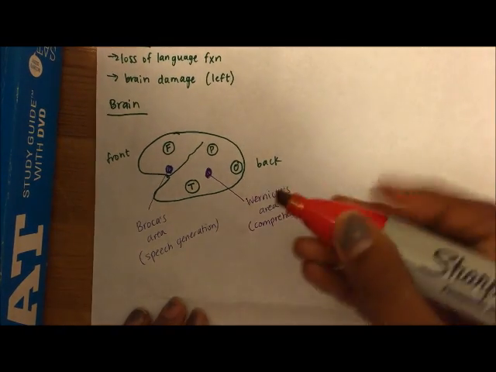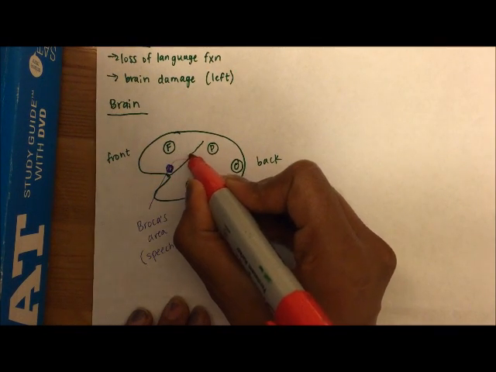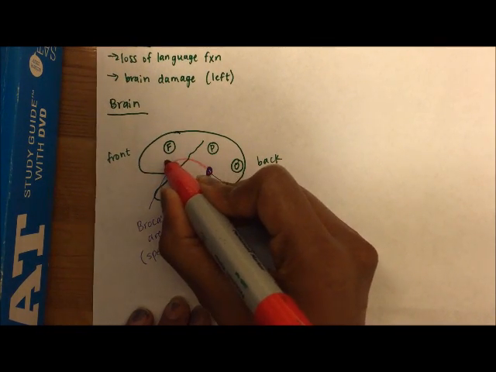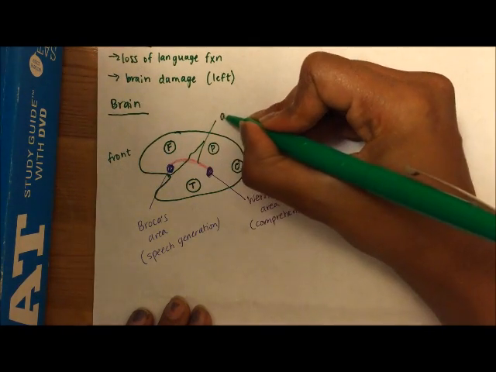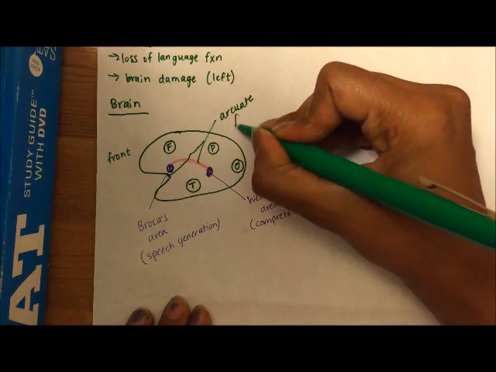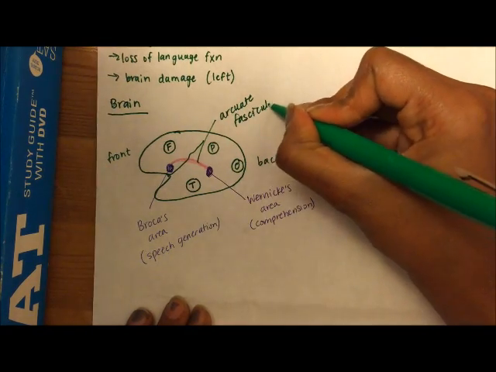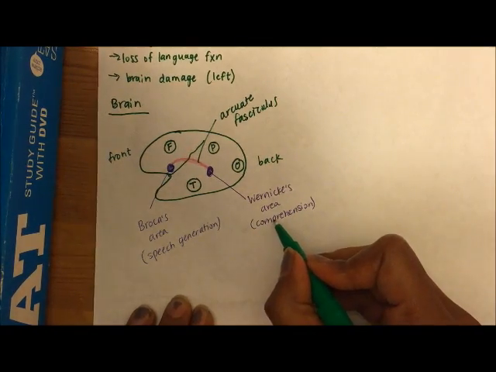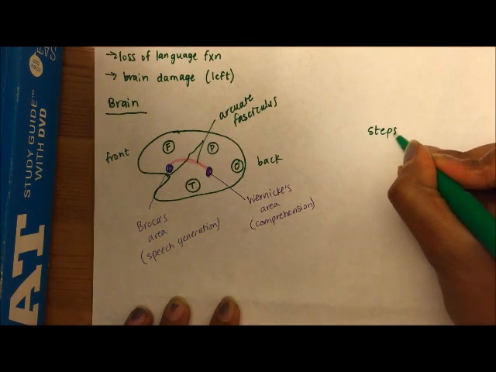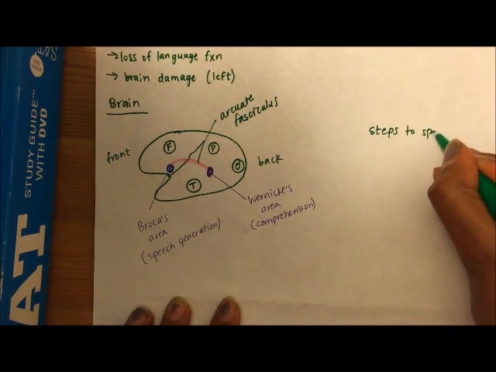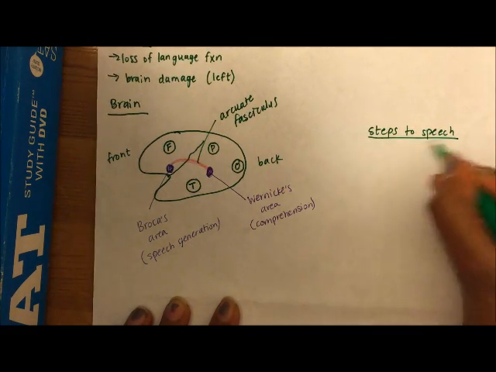And in between, you have this group of fibers, in red, and these are called the arcuate fasciculus, and as you can tell, they connect Wernicke's area to Broca's area. So this tells us there are a few steps in understanding speech.